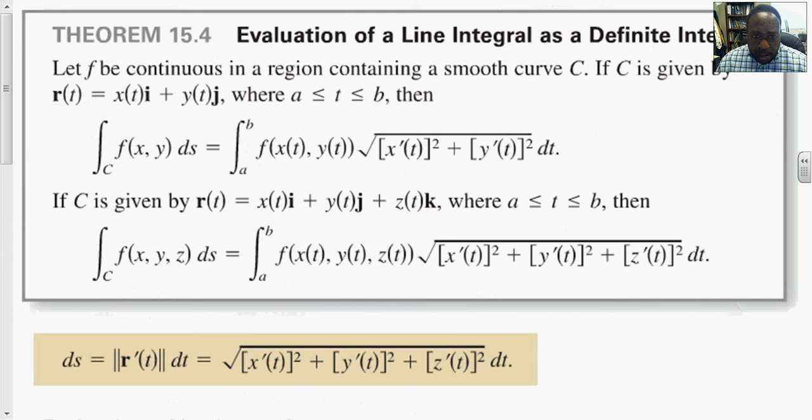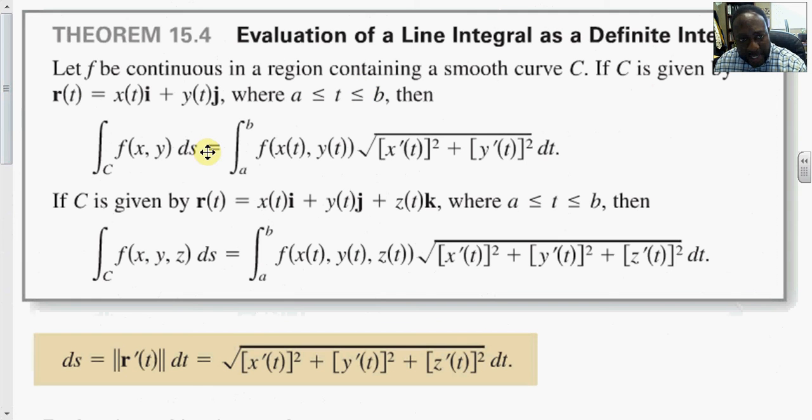Now let's look at how to evaluate line integrals. How do we actually get it? The line integral over the curve of f of x y or f of x y z ds equals this definite integral, where f is continuous on a smooth curve C. C is given by r of t, where t is defined between a and b.